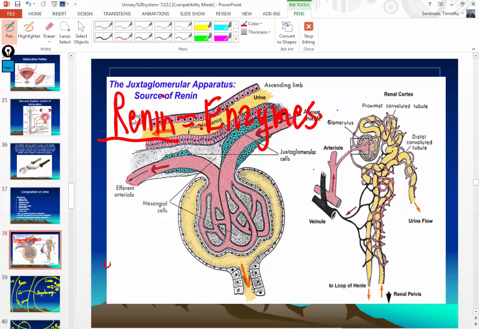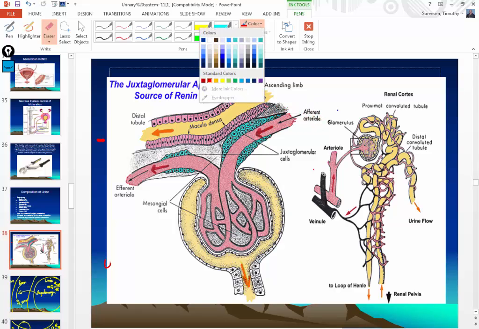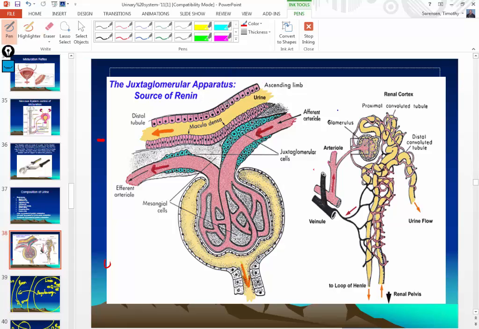You got me? All right. So watch. Connected to the afferent arteriole are specialized cells called juxtaglomerular cells.